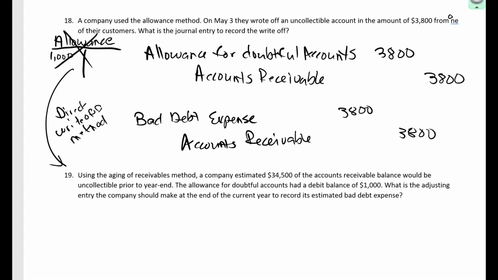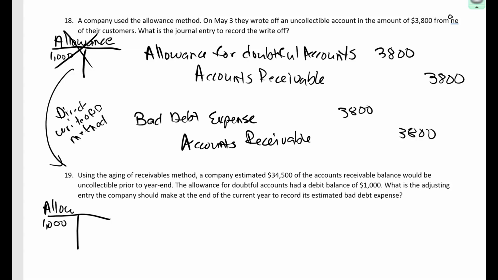Okay, using the aging of receivables, the company estimated that $34,500 of accounts receivable balance would be uncollectible at the end of the year. The allowance for doubtful accounts had a debit balance of $1,000. And here we go.